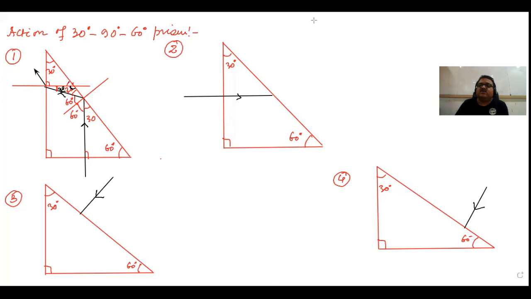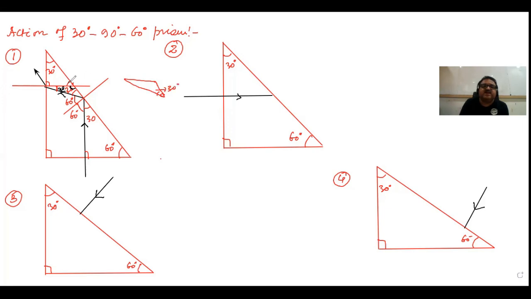Okay, I'm showing it for you again. Look at this. This is the line, and this is the line. This angle is 30.